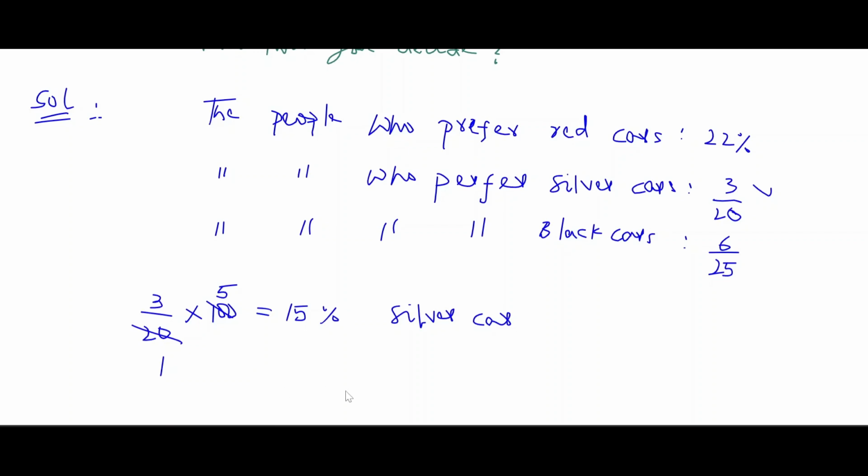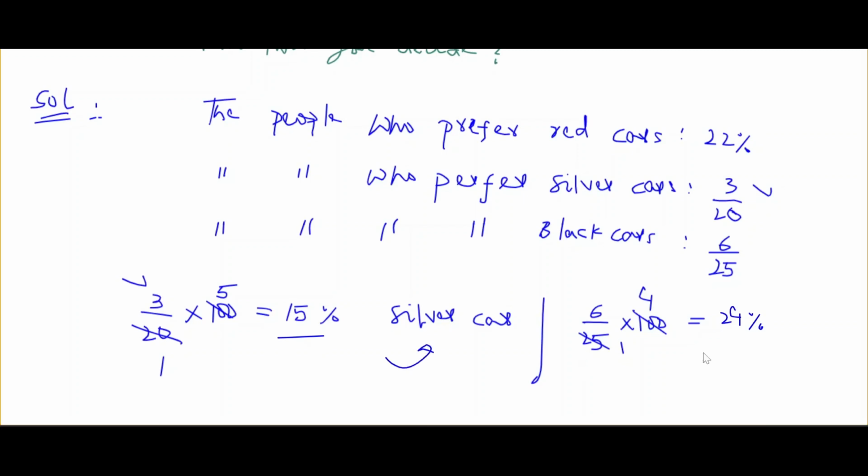Similarly for black cars, 6 by 25. You can also do it with decimals, but because 20 and 25 are factors of 100, it becomes easy. Multiply 6 by 4, it's 24%. So 15% prefer silver cars and 24% prefer black cars.